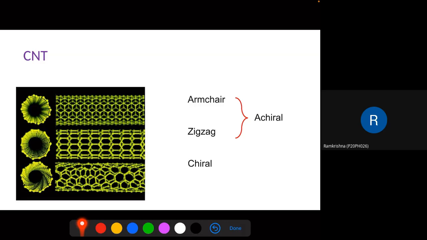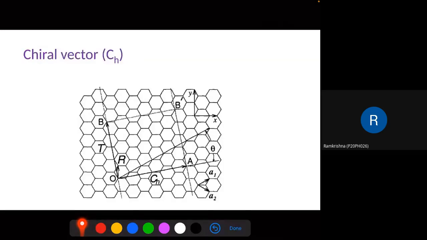Then how would one create these different nanotubes, armchair, zigzag or chiral? For that we have to spread out the carbon nanotube. Basically you can break it and make it a two-dimensional carbon layer, like a graphene layer. It's a two-dimensional layer of graphene, and basically you fold it.